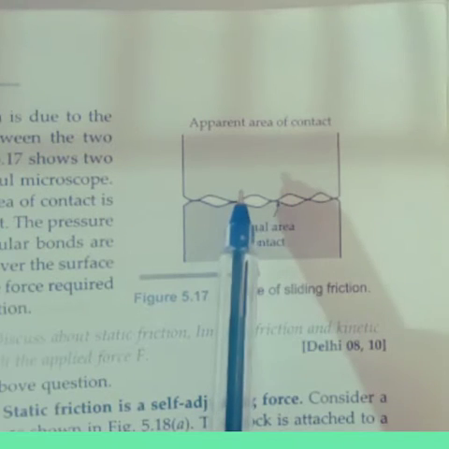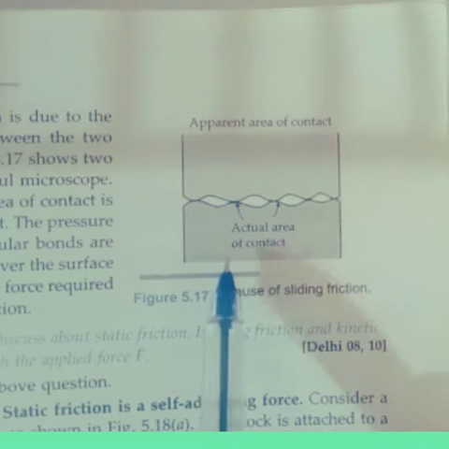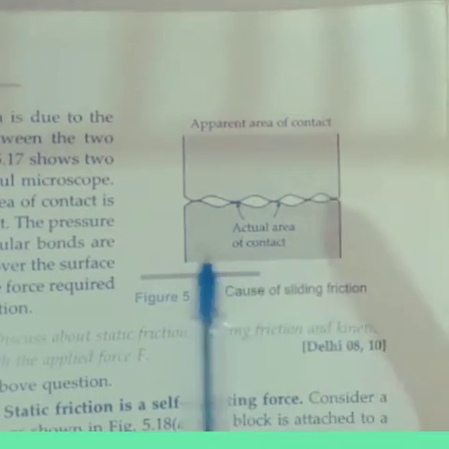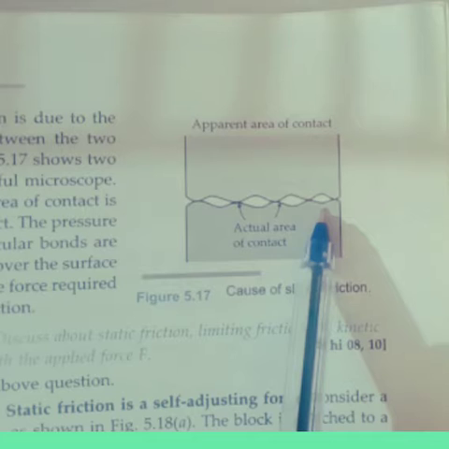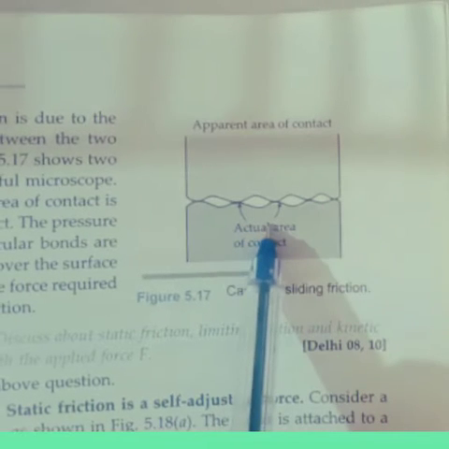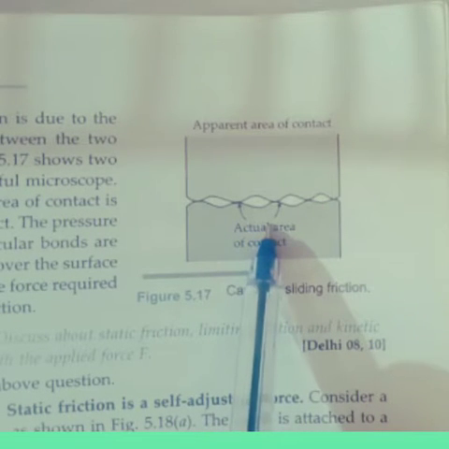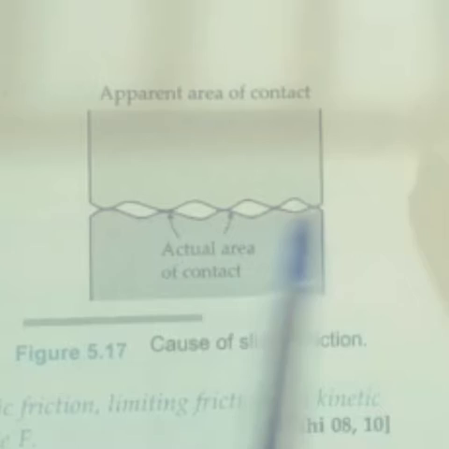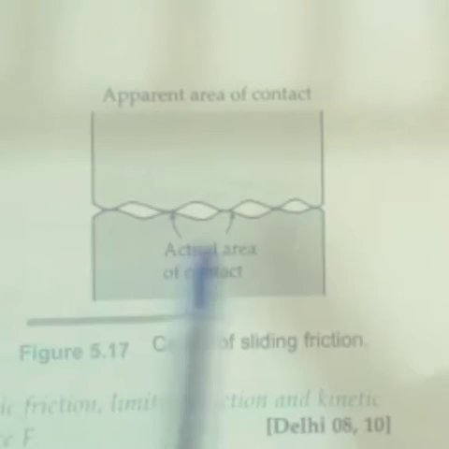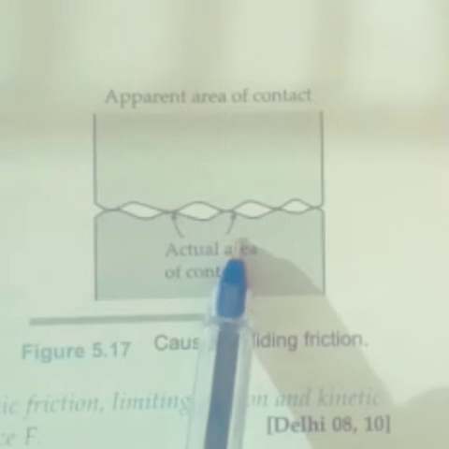Two such bodies with irregular surfaces are placed in contact, and there is some degree of interlocking of these irregularities. When some force is applied on the body to make it slide over the surface of another, the relative motion is resisted by an opposing force, which we call the force of friction.